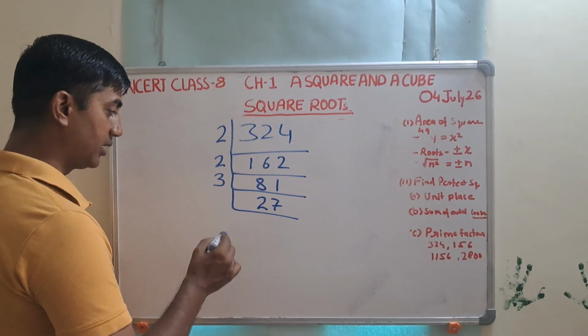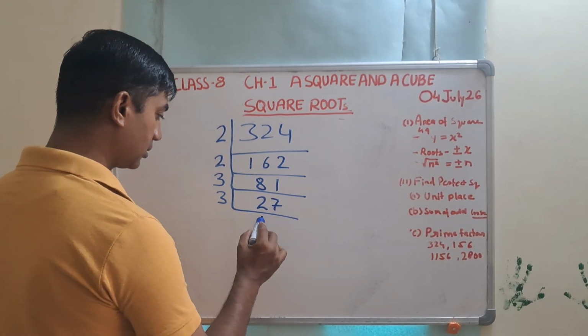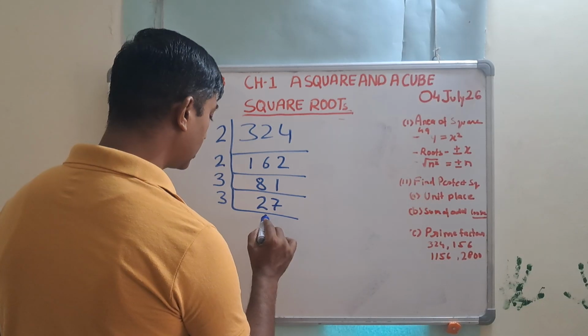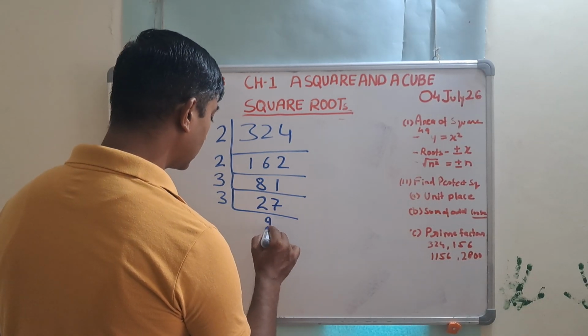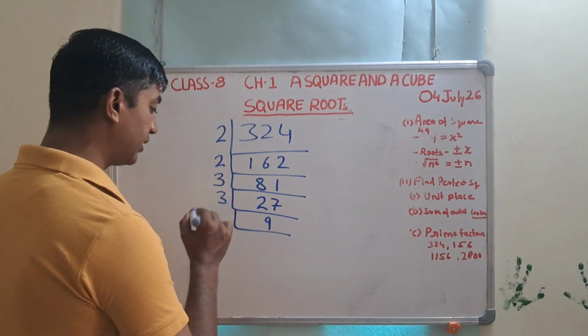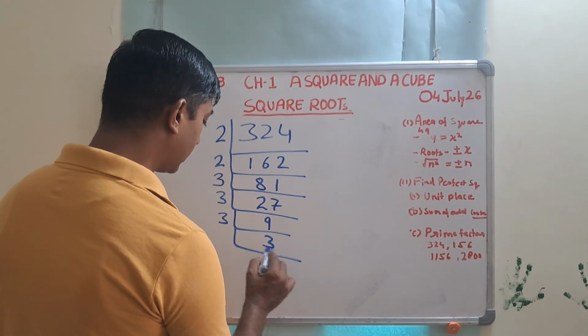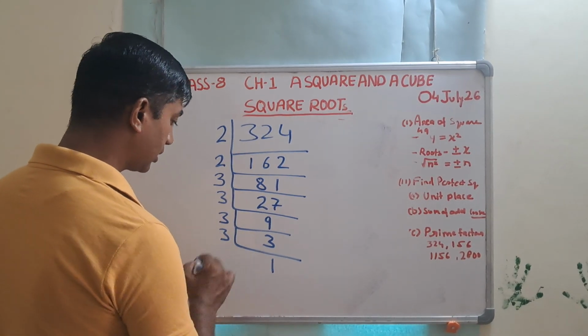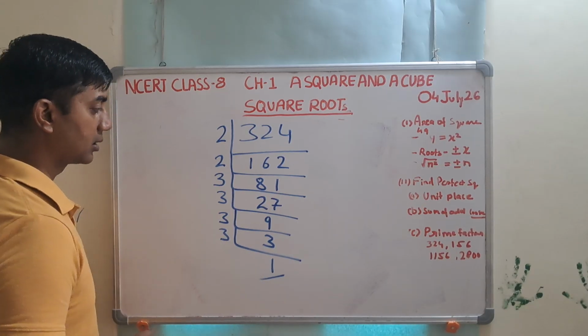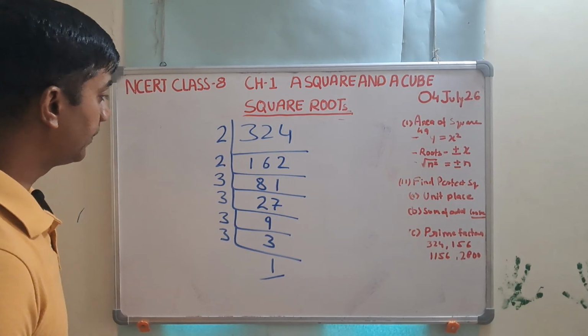Now this number is again divisible by 3. We'll get, now this number is again divisible by 3. We'll get, now this number is again divisible by 3. We'll get, now we have reduced it completely. Now we'll find how many pairs of prime factors we have.